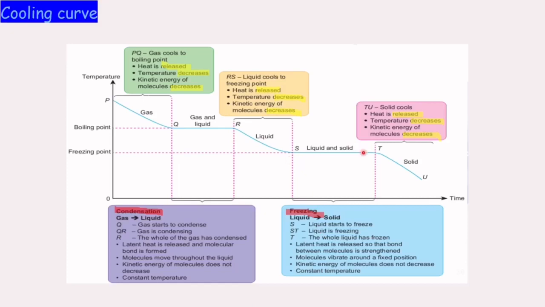This is a horizontal line, so there is no heat released, and kinetic energy of molecules does not decrease, and the temperature remains constant. After freezing, the liquid has already become solid. At TU, solid cools, heat is released, temperature decreases, kinetic energy of molecules decreases. That's all for the cooling curve.